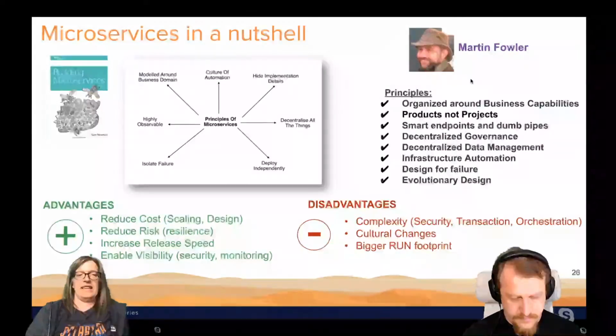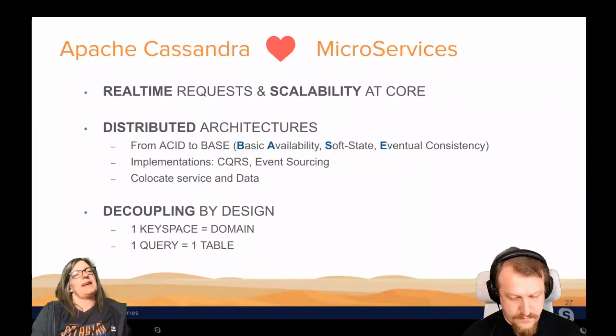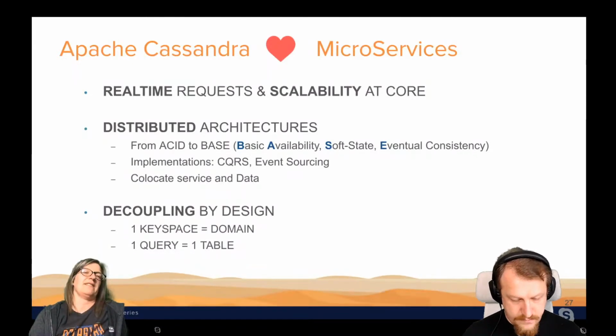Cool. Good. So Cassandra is quite good for microservices because Cassandra is an ideal database for real-time requests. It's extremely scalable. It has that built into its design, right? It's designed according to these principles. It's a distributed database, and it's decoupled by design.